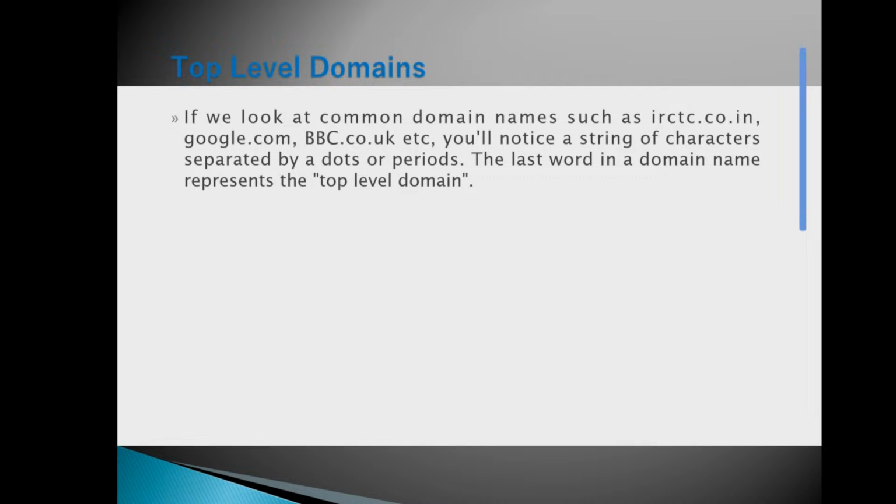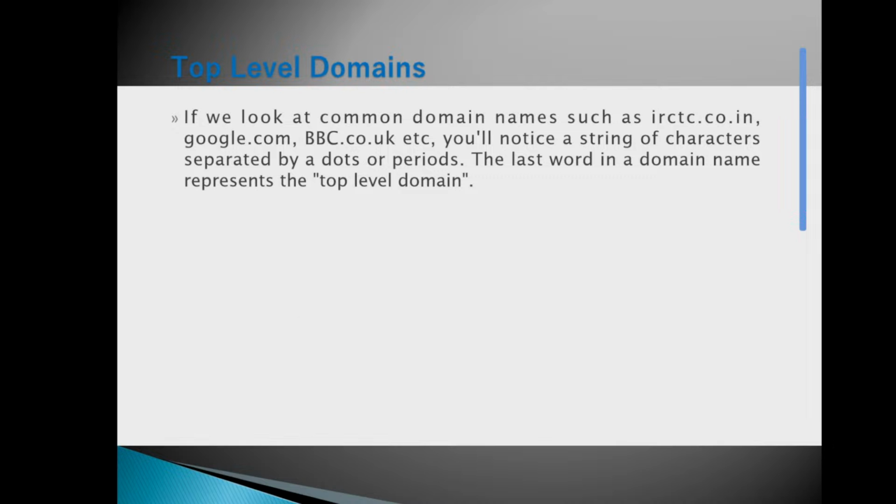If you look at common domain names such as irctc.co.in, google.com, bbc.co.uk, you will notice a string of characters separated by dots or periods. The last word in the domain name represents the top level domain name.